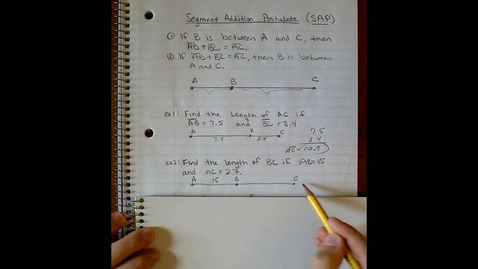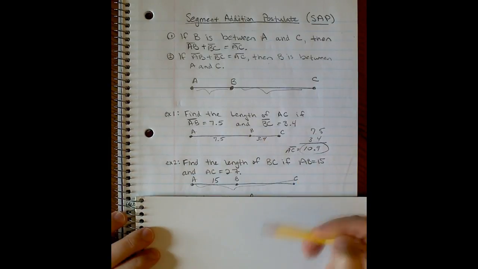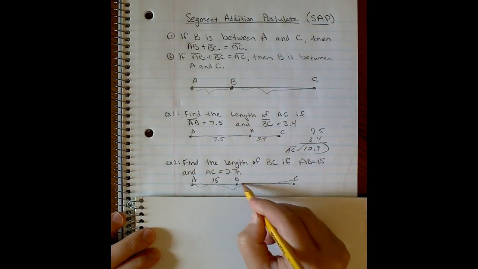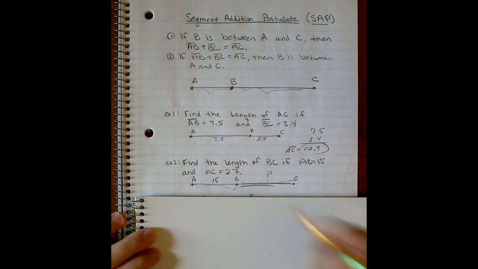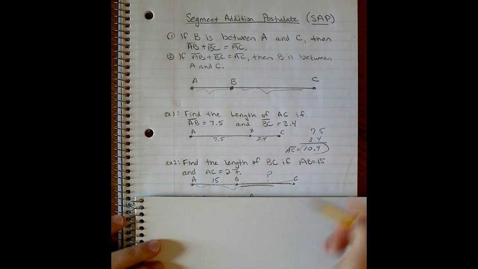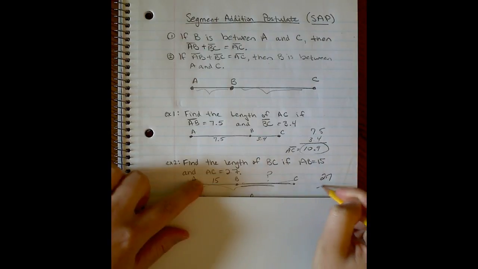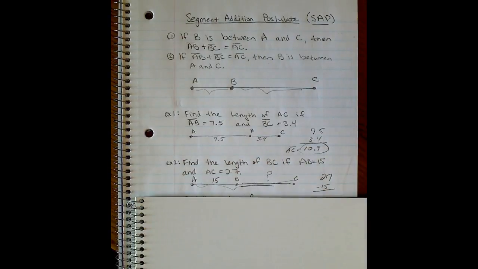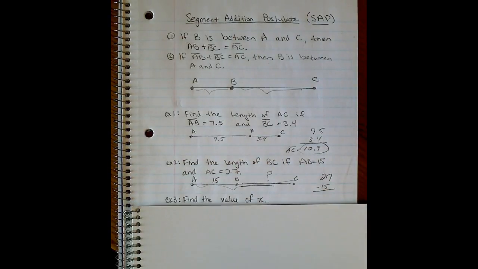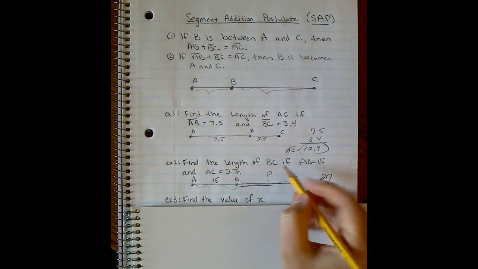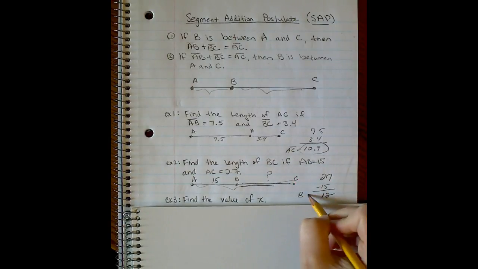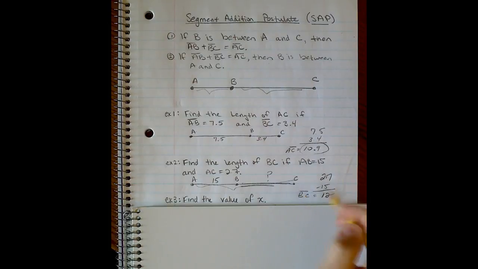Now, AC is the entire segment here. So if I want to just find BC, that means I'm going to have to take the total and subtract AB. Right? So that's going to give me 12. So BC must be equal to 12.